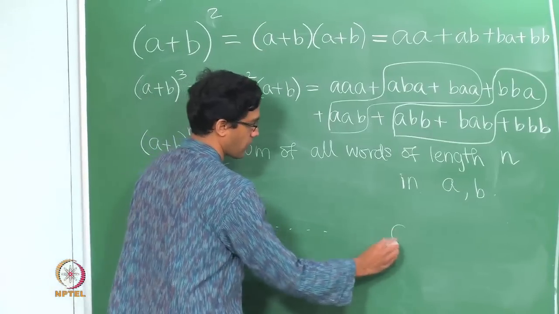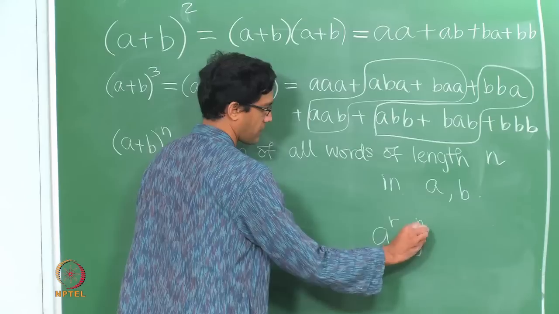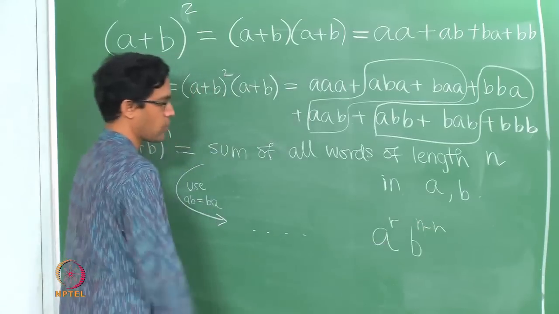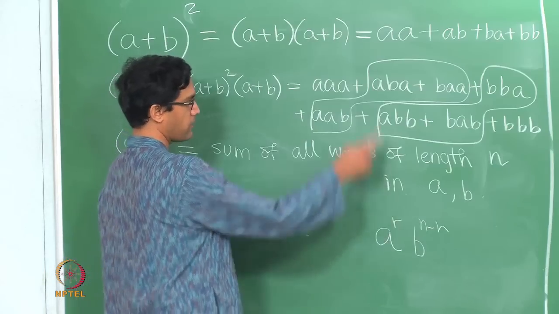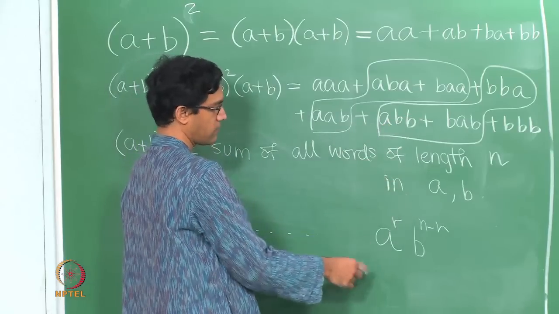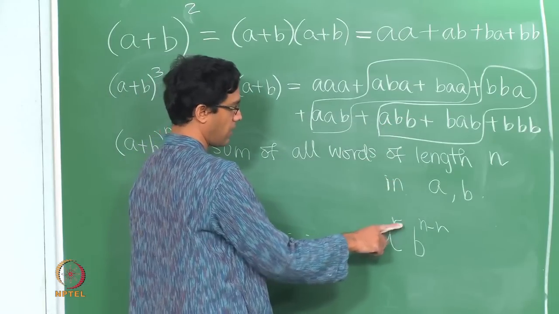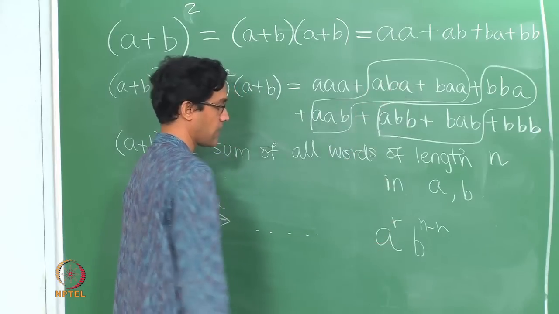So the question is, suppose I have A^r B^(n-r). I want to know how many times this term occurs. Well, every possible word of length n which contains r A's and n minus r B's will collapse to give you the same term.